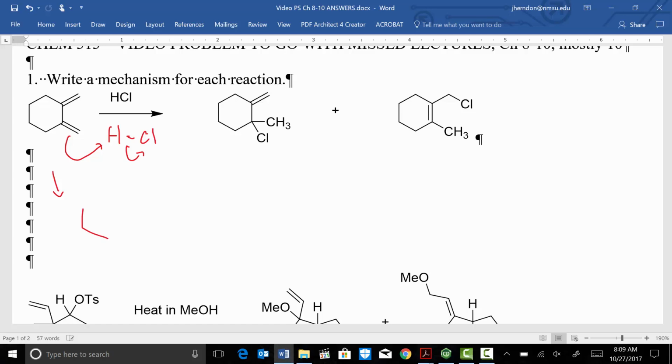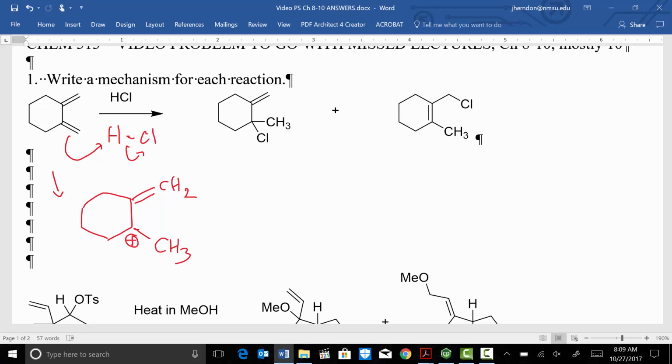This is going to give us a carbocation, of course. Let me just draw that other one as a CH2.